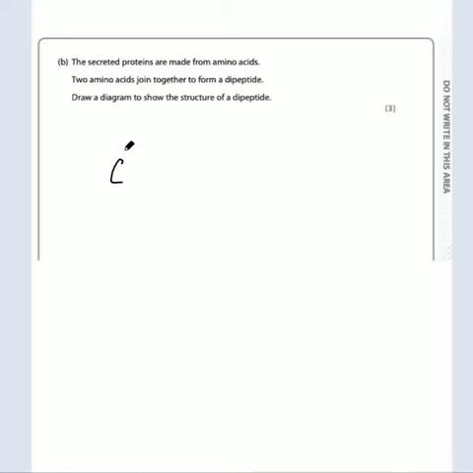So if we draw this, an amino acid is a central carbon atom with an R group, hydrogen, and here I'm going to do the amino group, so the NH2. Notice how I've written it like this, NH2, because it's actually the carbon that's connected to the nitrogen atom. Don't be tempted to do it the other way, because that indicates that the carbon's attached to the hydrogen atom, and that is wrong, and you can sometimes lose marks for that.